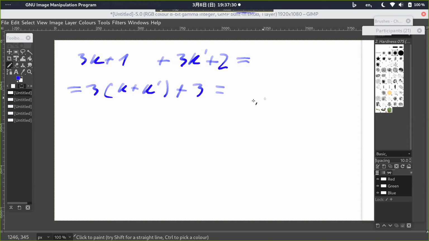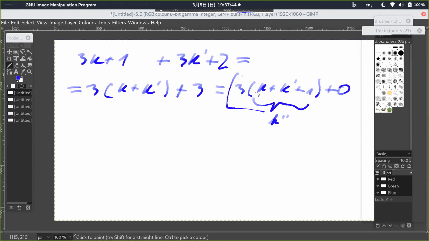And this you can also write as 3 times k plus k prime plus 1, plus 0. And then you call this, I don't know, k2 prime, and you see that this element here is something from 3Z.